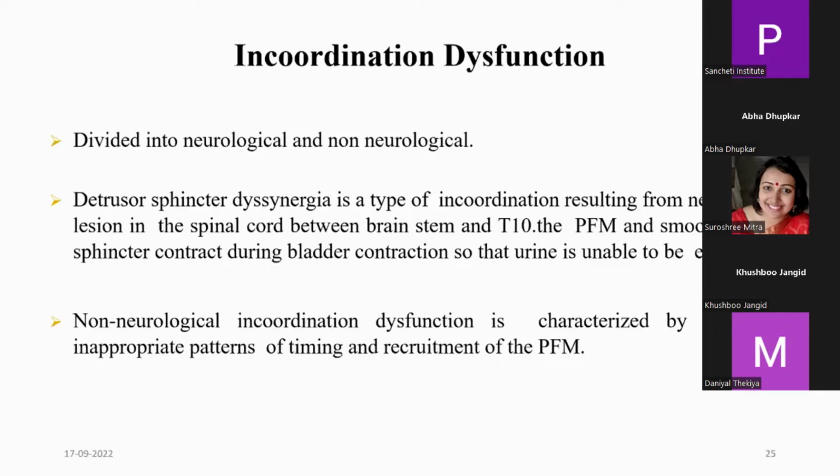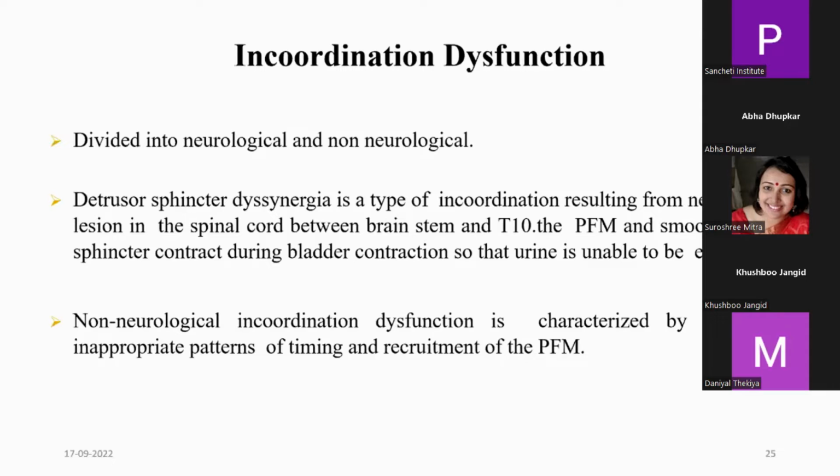Now, detrusor sphincter dyssynergia is seen, and that is due to the neurological lesion in the spinal cord between the brainstem and T10. So, if you see any neurological patient with any of these pelvic floor issues, then you can put the patient under this category, that is the incoordination dysfunction.